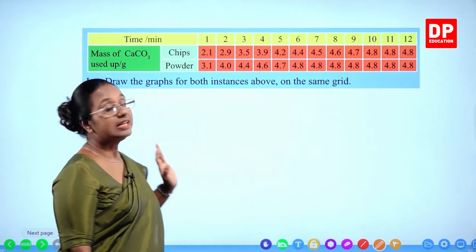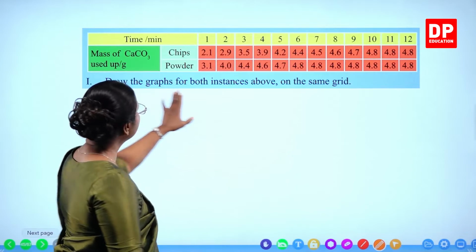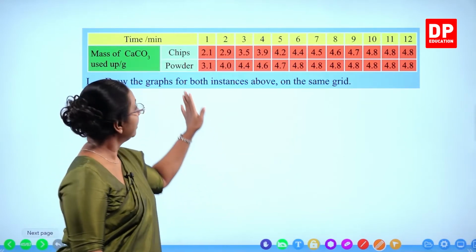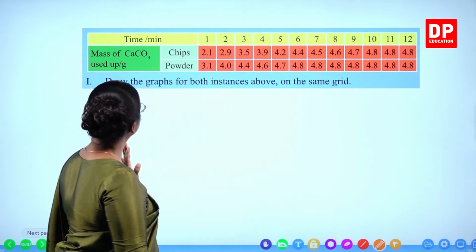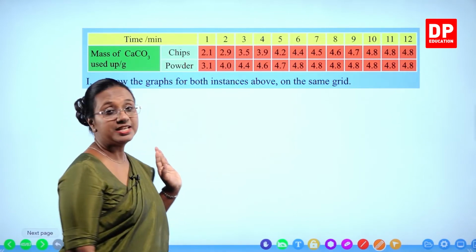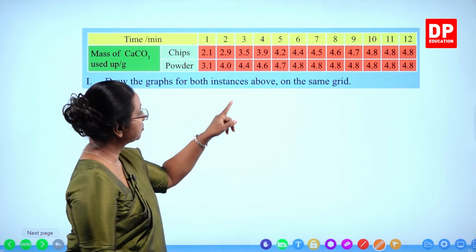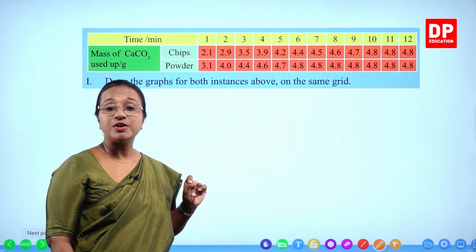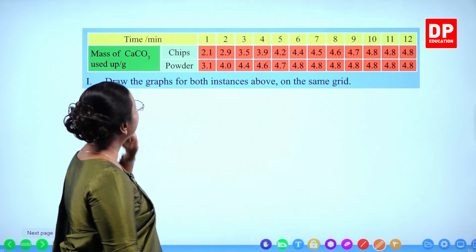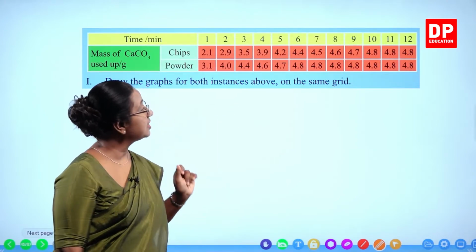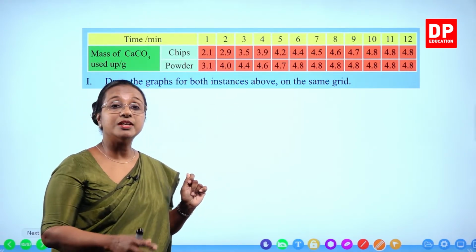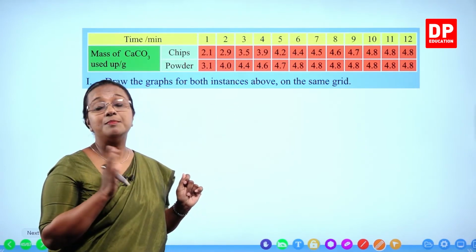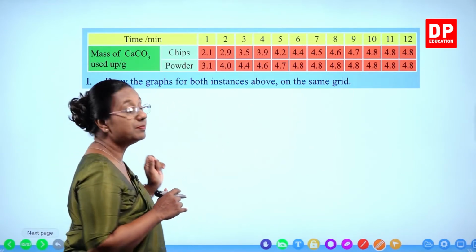So again, the table is given to you. I have explained this to you all already, how the mass of calcium carbonate changes with time. So we already saw when they use chips, it takes 10 minutes for the reaction to complete, and when we use powder, it takes only 6 minutes for the reactants to be completely used up. That is calcium carbonate.